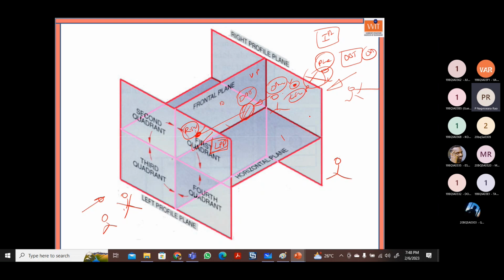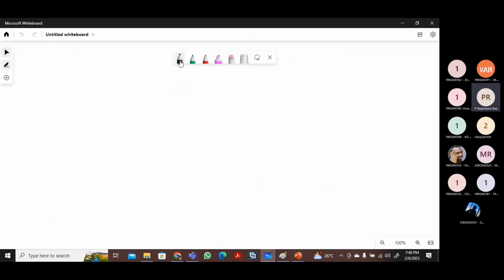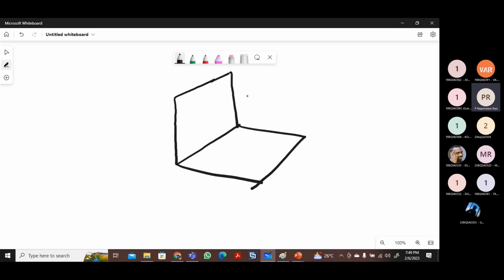So in the case of first angle projection, I will explain by drawing separately, instead of confusing it there. This is a vertical plane, a horizontal plane, and this is a profile plane.